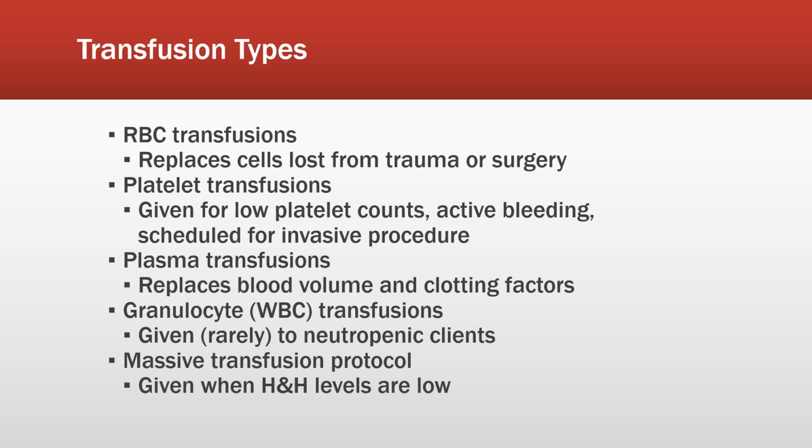Now, depending if you're on the field or in the hospital, there's going to be protocols. So make sure that you follow your hospital's protocol in regards to massive transfusion, because there are some protocols that will give different types of blood products. For example, they can have a protocol of 1 to 1 to 1, meaning 1 unit of blood, 1 unit of fresh frozen plasma, and 1 unit of platelets.